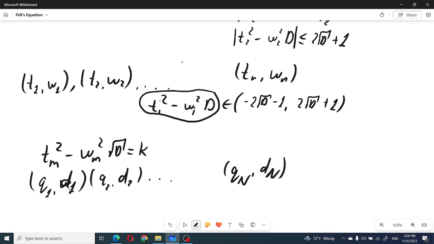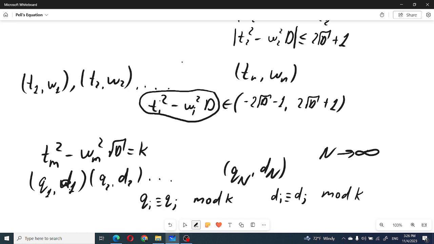Because we know that this N can go to infinity, there will exist two pairs which have the same remainders modulo k. And let's assume that qi equals qj mod k and di equals dj mod k.